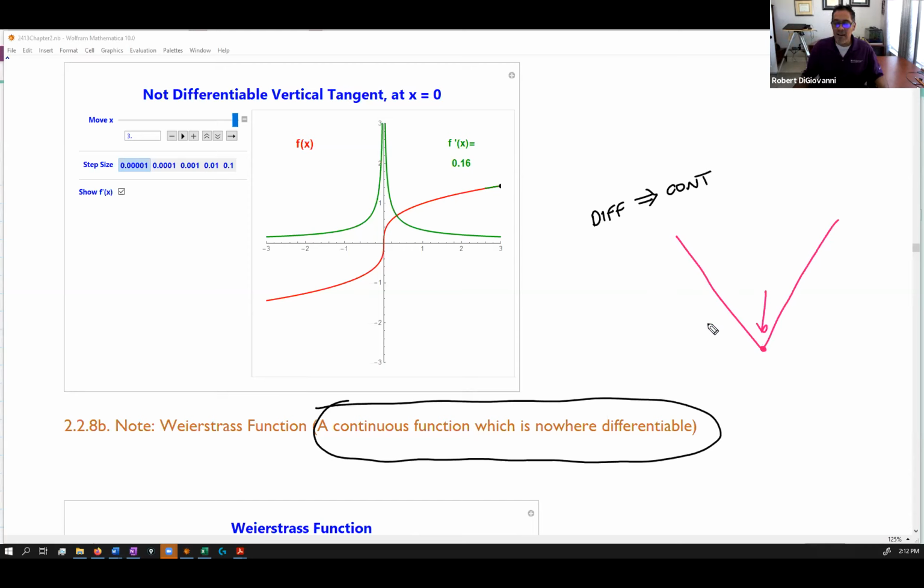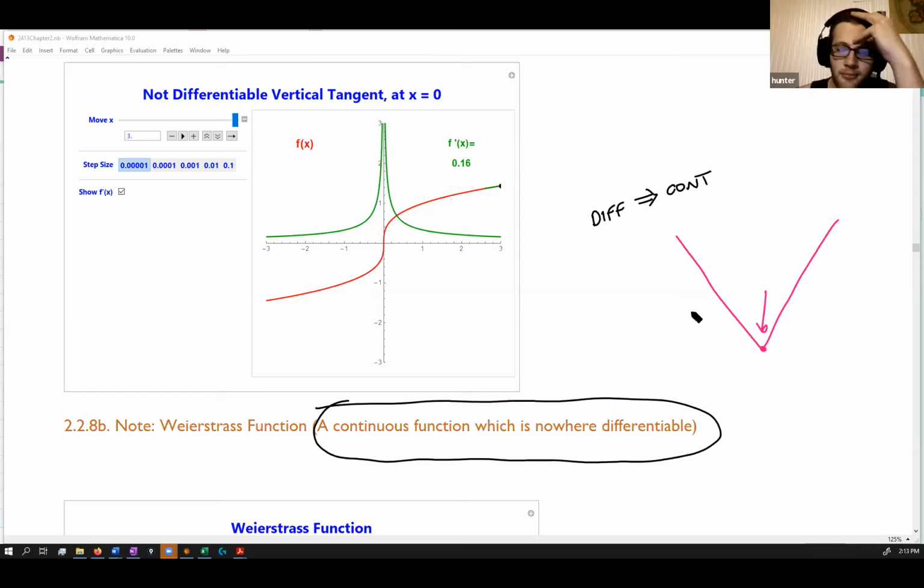Mathematicians asked, is there a continuous function, a function I can draw without picking up my pencil, where no matter where you go, you can't take the derivative? That doesn't seem feasible. It doesn't seem like it would be possible to draw a function without picking up your pencil, but never be able to take the derivative, right?